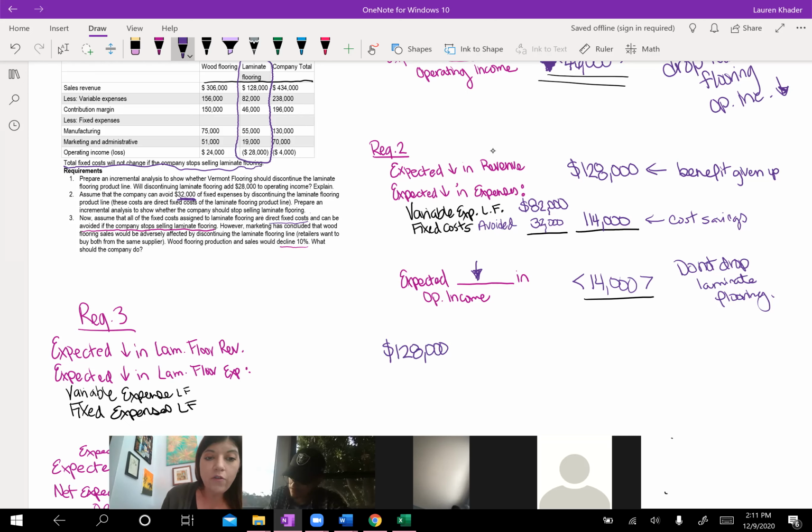We have variable expenses that are avoided of 82,000. And now we have all of those fixed expenses. So 55,000 plus 19,000.